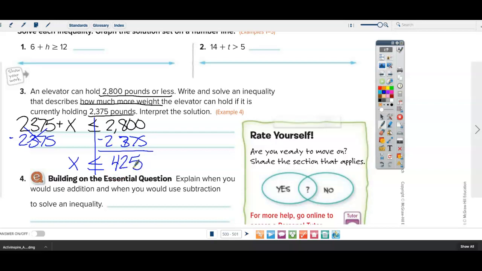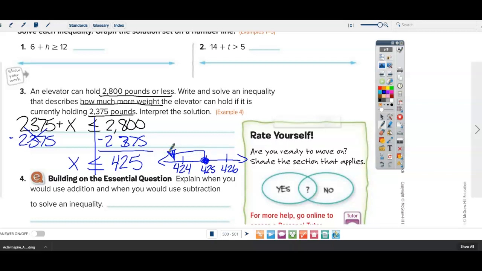So if I was drawing that on a number line, 425, I have to have one bigger, and I have to have one smaller. It could equal 425, so I'm going to have a closed circle. But then the numbers have to be fewer than that, otherwise the elevator won't hold the weight. So it has to be smaller than that. So that's what my number line would look like.